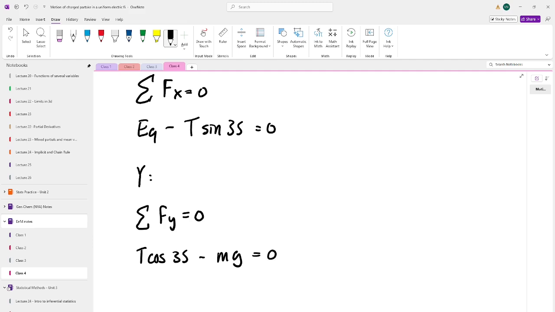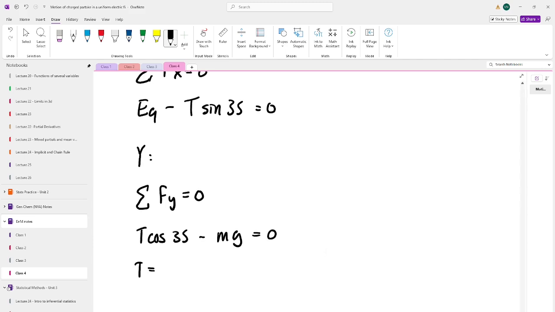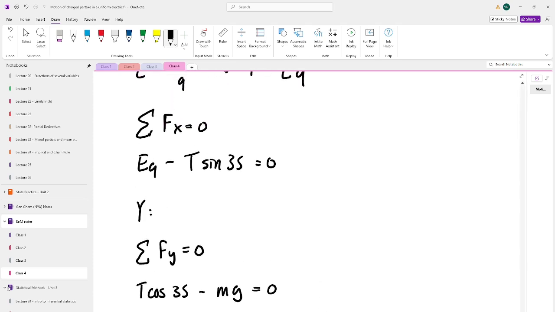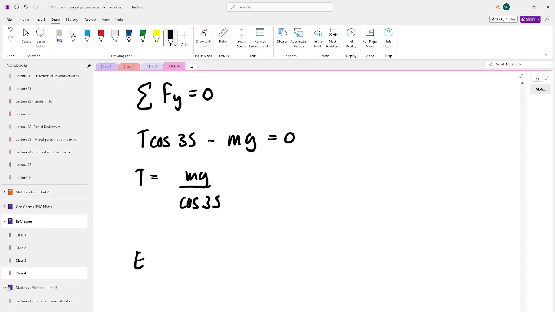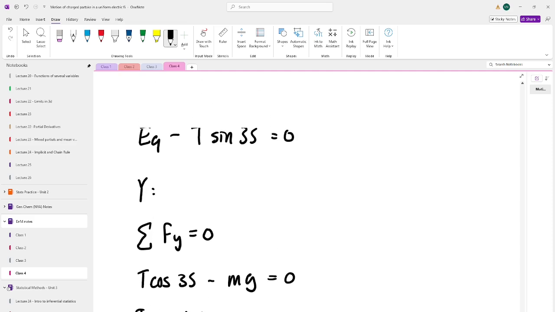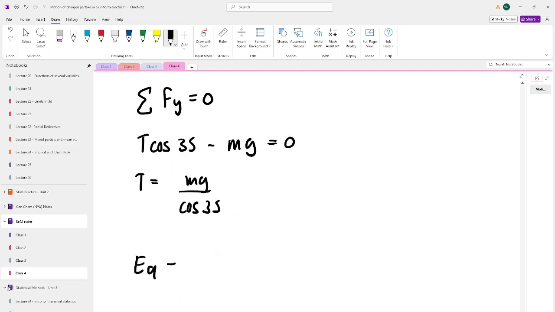But notice now that I know the mass of the ball. It's given. Gravity, or g, is a constant, it's 9.81, and cos of 35 is a number. So at this point, I'm able to solve for the value of T. So I can get that T is equal to mg divided by cos of 35. And now I can go back to my initial equation, and I can replace T. So I have that EQ minus T sine of 35 is equal to 0.